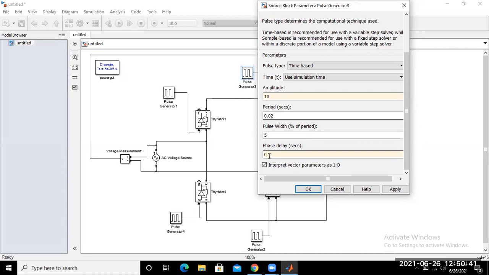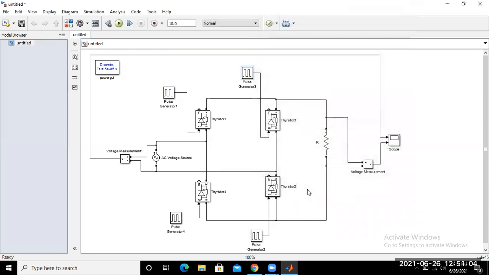So 0.58 multiply with the time period, that means 0.02. Apply and okay.